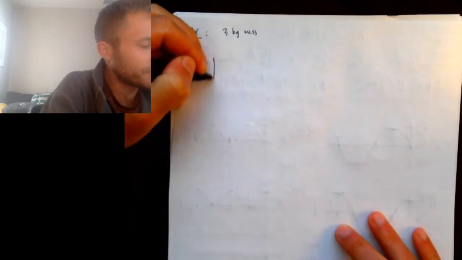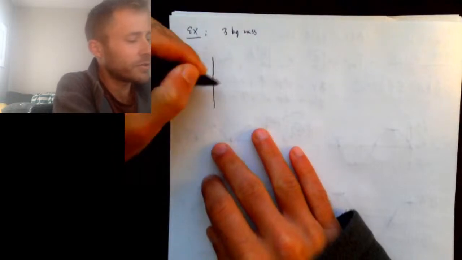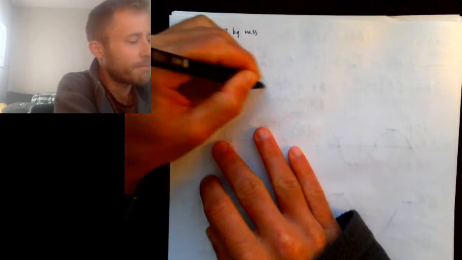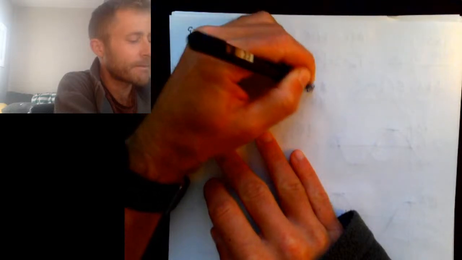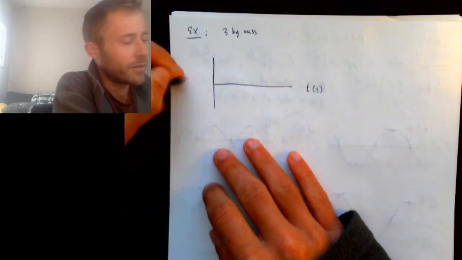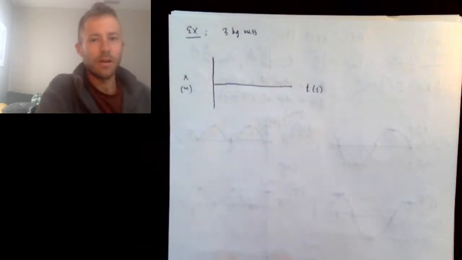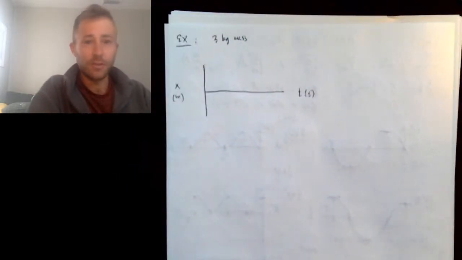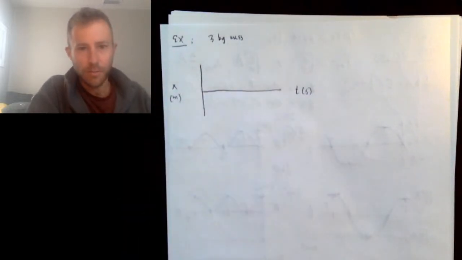And so I will draw the position as a function of time. Because I'm talking about a concrete example where I'm actually using numbers, I put units on the axes.